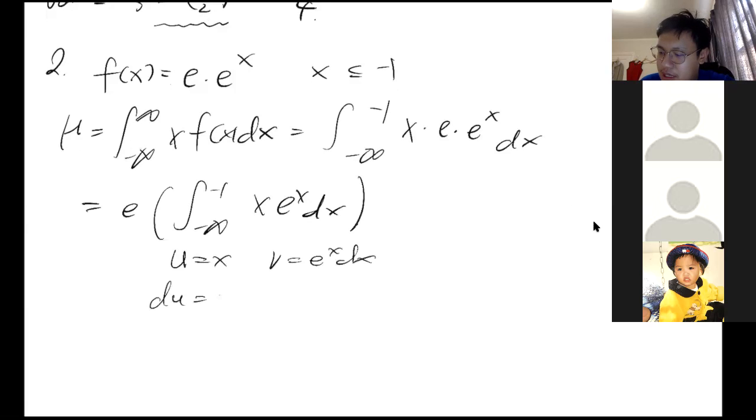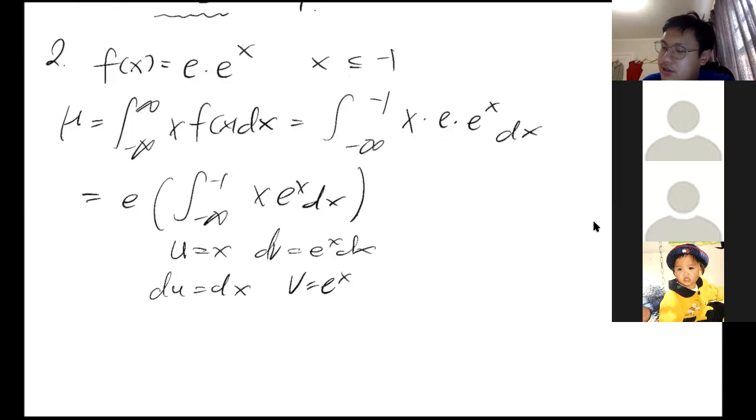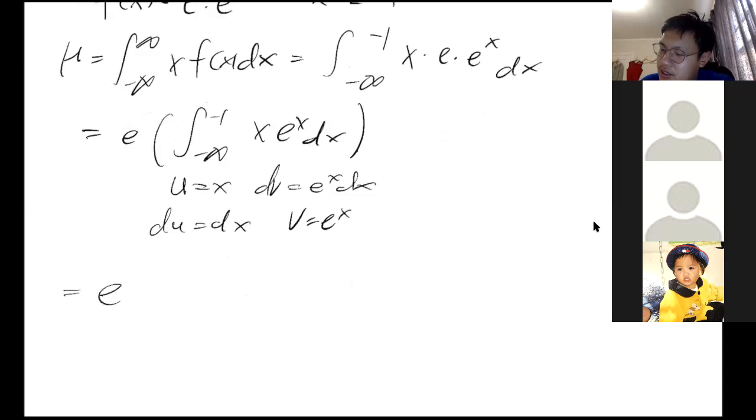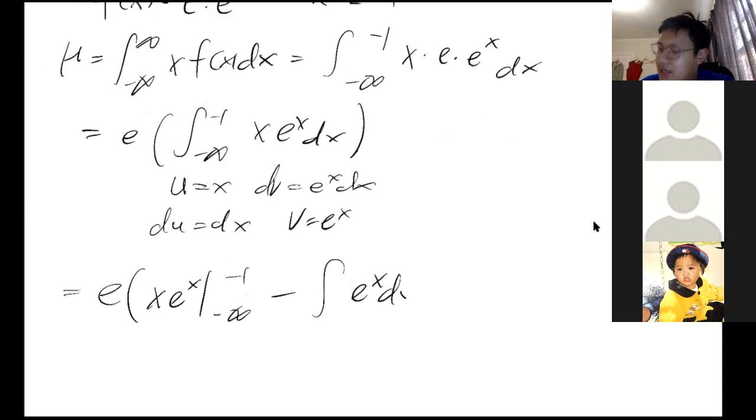So du is dx, and v is e^x. According to integration by parts, this integral is x times e^x from negative infinity to -1 minus the integral of v du, so it's e^x dx.